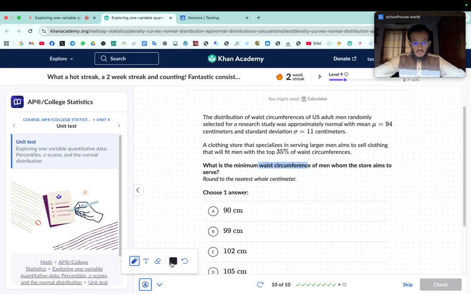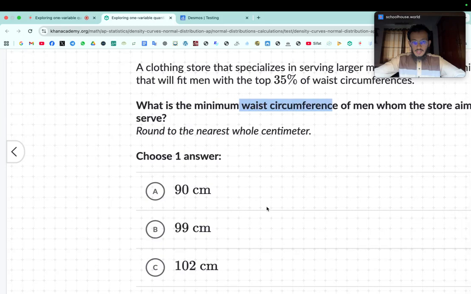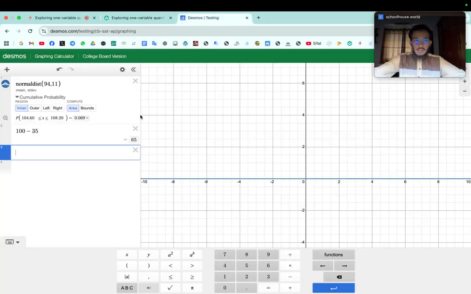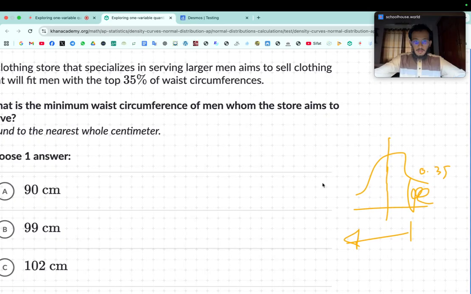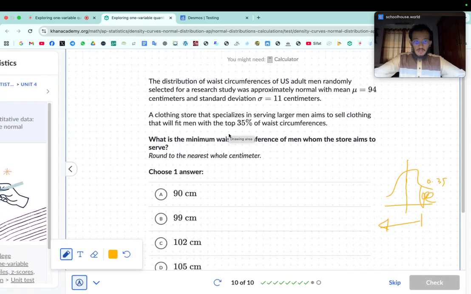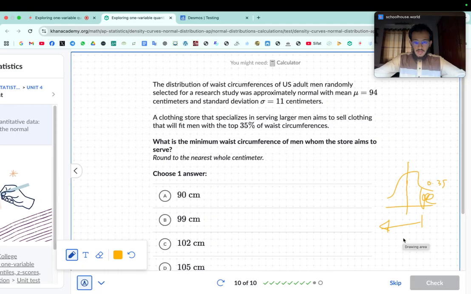So we know that the normal distribution is distributed symmetrically. So if we want the top 35%, 0.35, we have to find the lesser 0.65, because the normal distribution function gives us the area to the left.